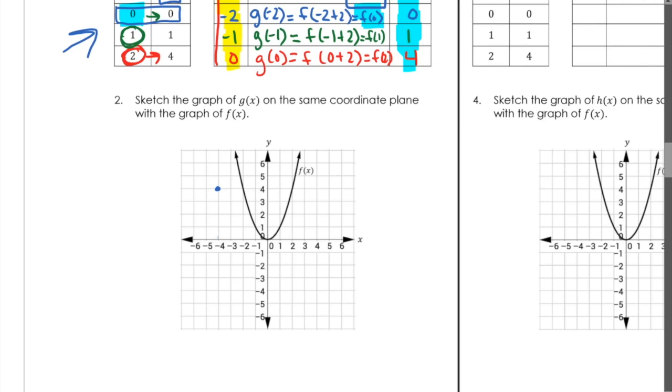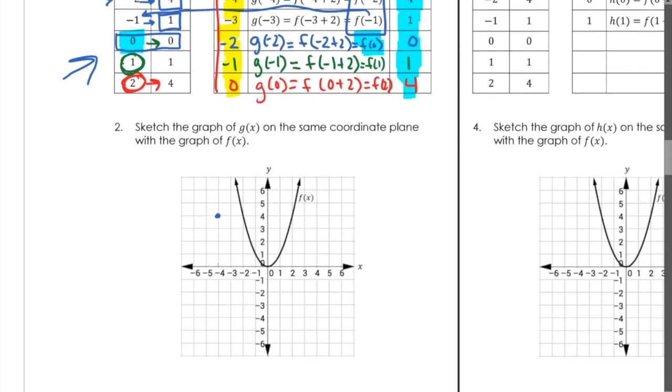The next one is -3 and 1. -2 and 0, which is right here. -1 and 1, which is right here. And 0 and 4, which is right here. So start at your vertex and draw your line.